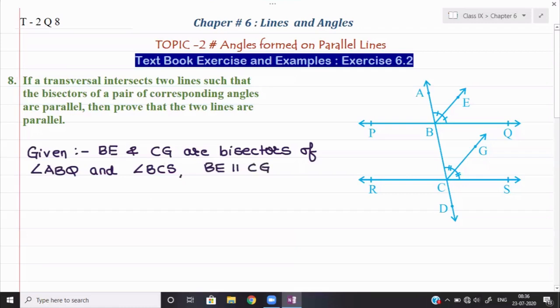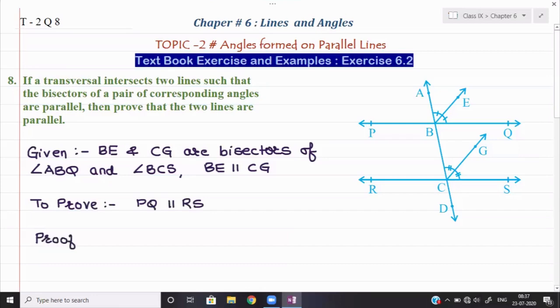Now they are saying that you prove something. So we have to prove here that PQ and RS are parallel. Okay, let us start the proof. Here there is no construction required, we can directly start the proof.